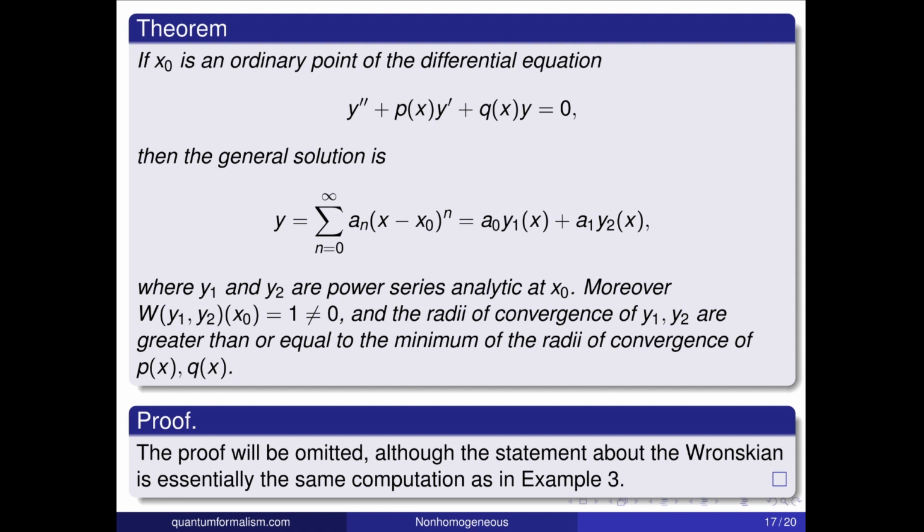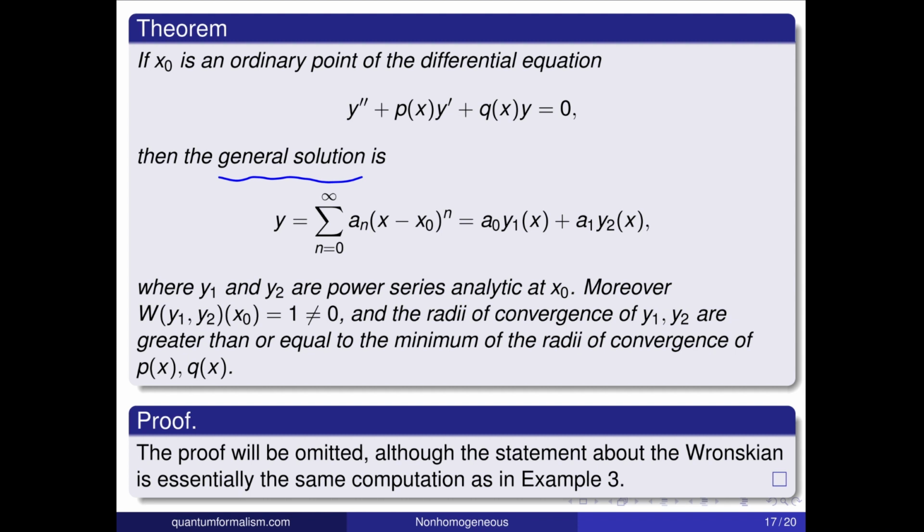And y1 and y2 will both be analytic at x0, so they'll have a positive radius of convergence. And you also know that this Wronskian of y1 and y2 at x0 will be equal to 1, and in particular is non-zero. So yeah, that's what tells you that it's the general solution.